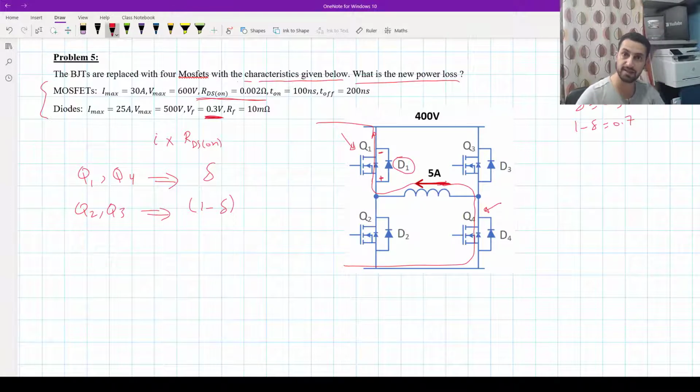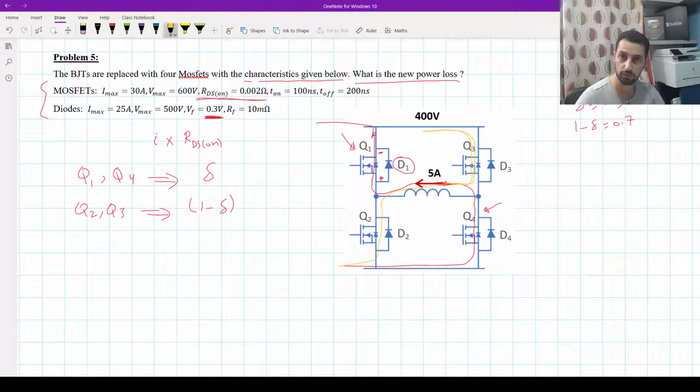Will they maintain the same direction or will it go through their diodes? I think we will check that. So let's see. Yeah, it can conduct in that direction and will go like this. So Q1 and Q4 will be conducting during the delta time, and Q2 and Q3 will be conducting during the 1 minus delta time.